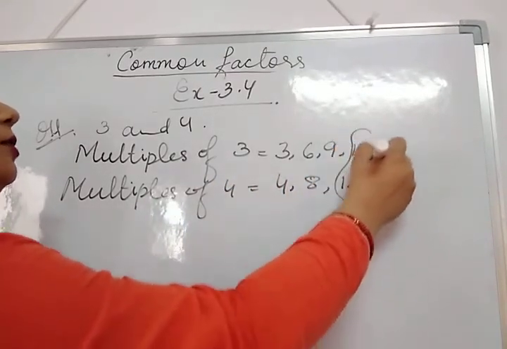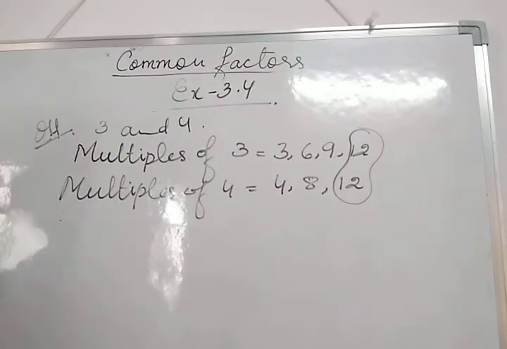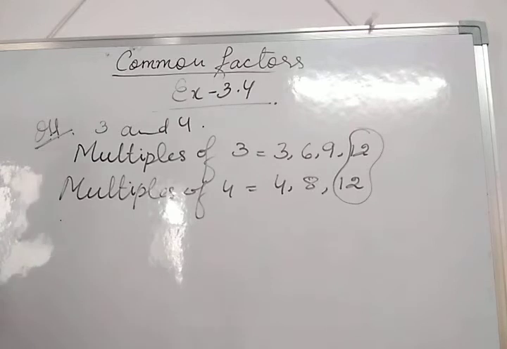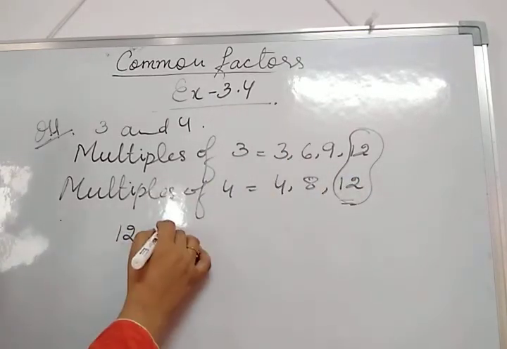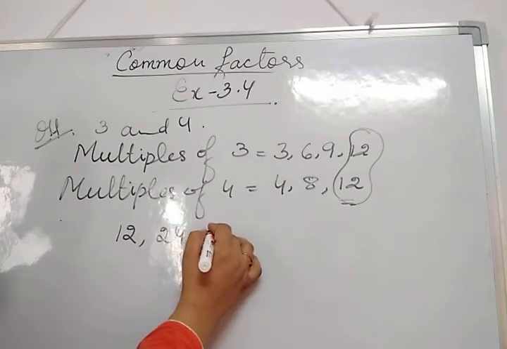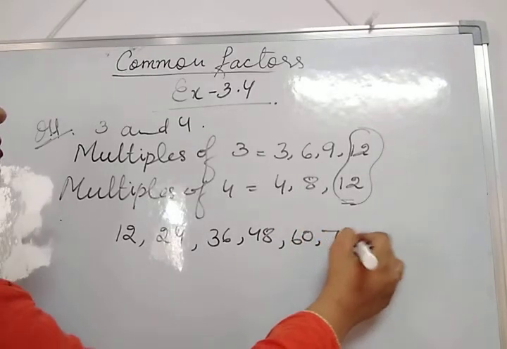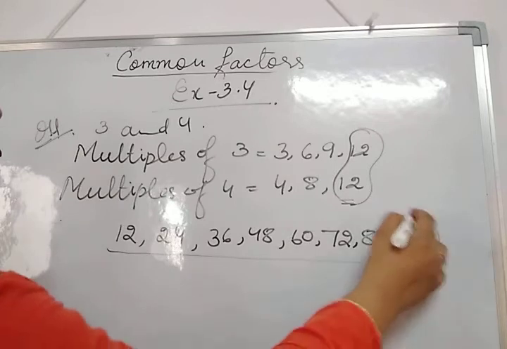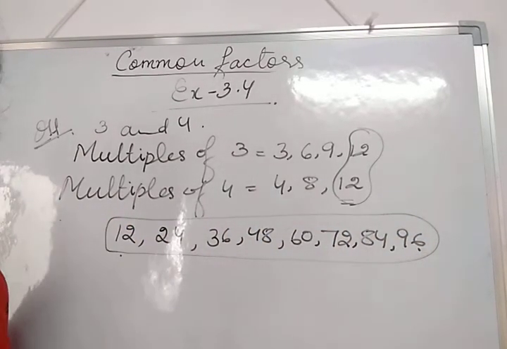Here we have got our first common multiple, 12. So we have to write down all the numbers less than 100 which are common multiples, which means we have to write down the multiples of 12. These are 12, 24, and so on, up to 96, since less than 100 means up to 96. Okay.